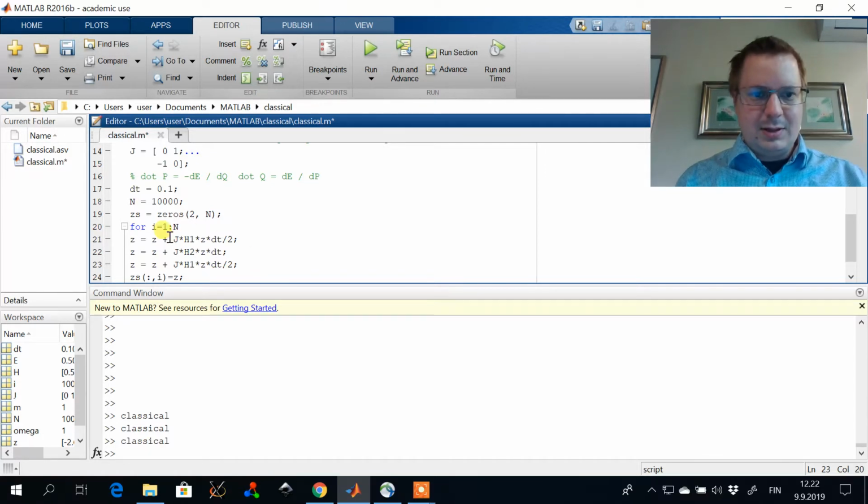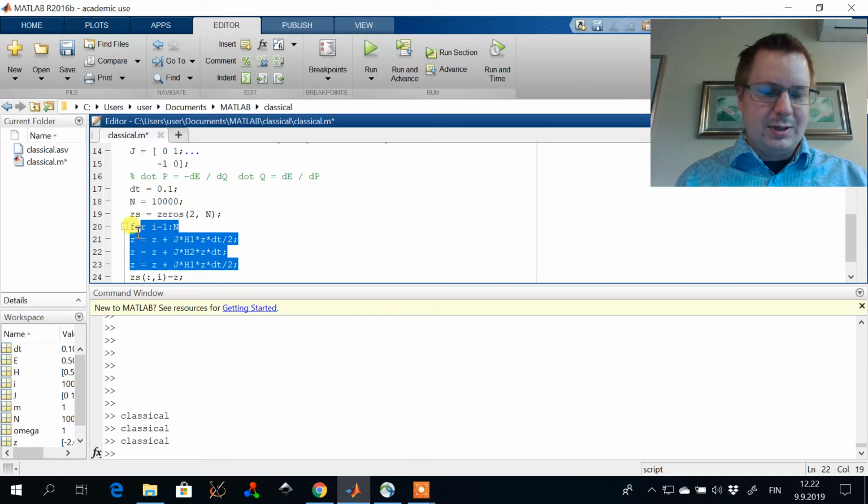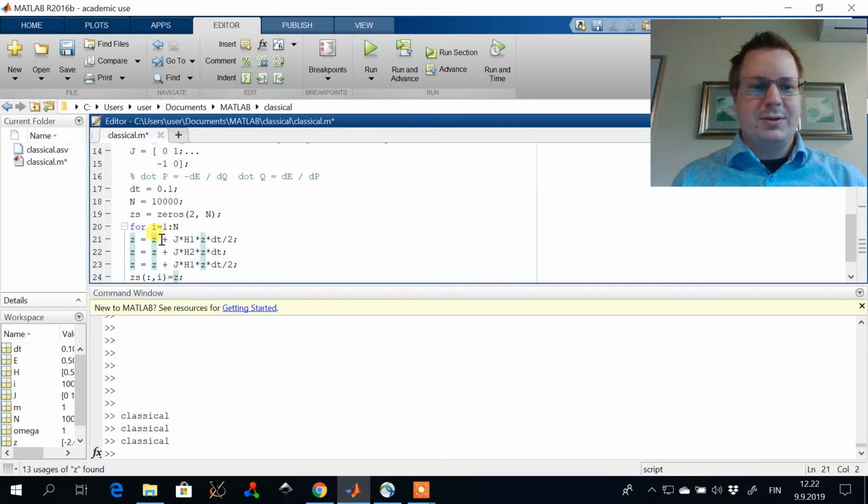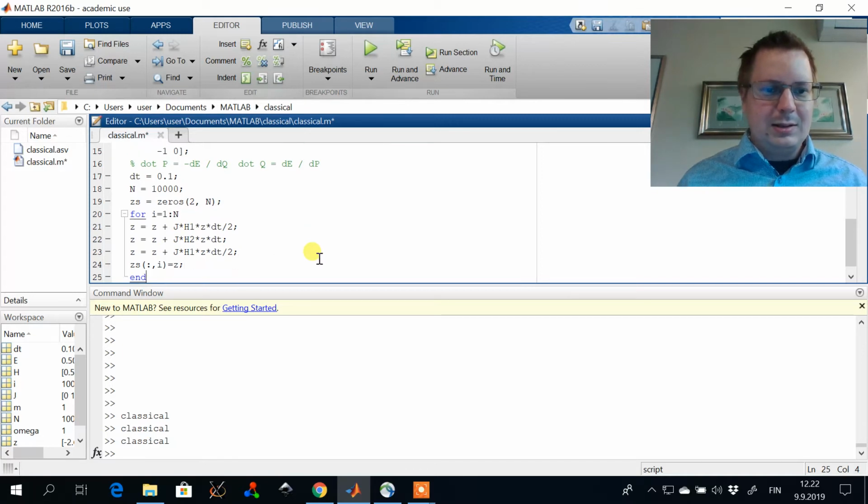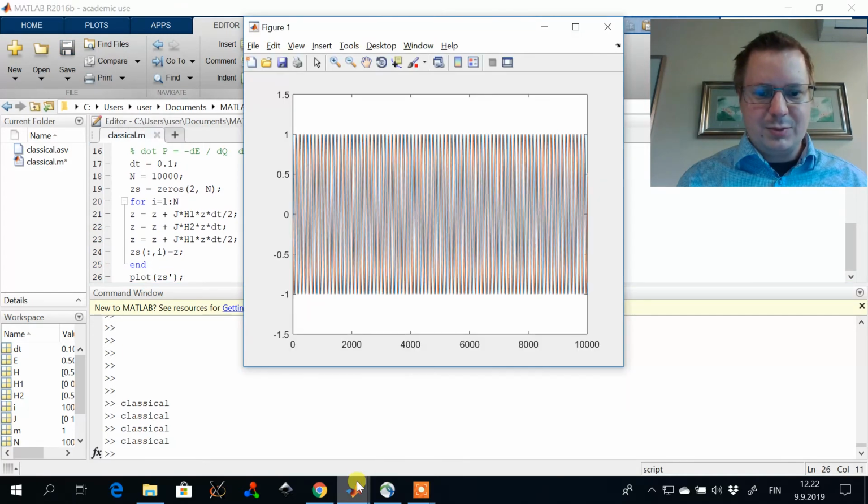So I first half step with H1, then full step with H2, and then half step with H1. So in total, to first order it corresponds just to multiplying with the H and J. But in the end, it will be much more stable, so you can see that the propagator is stable.